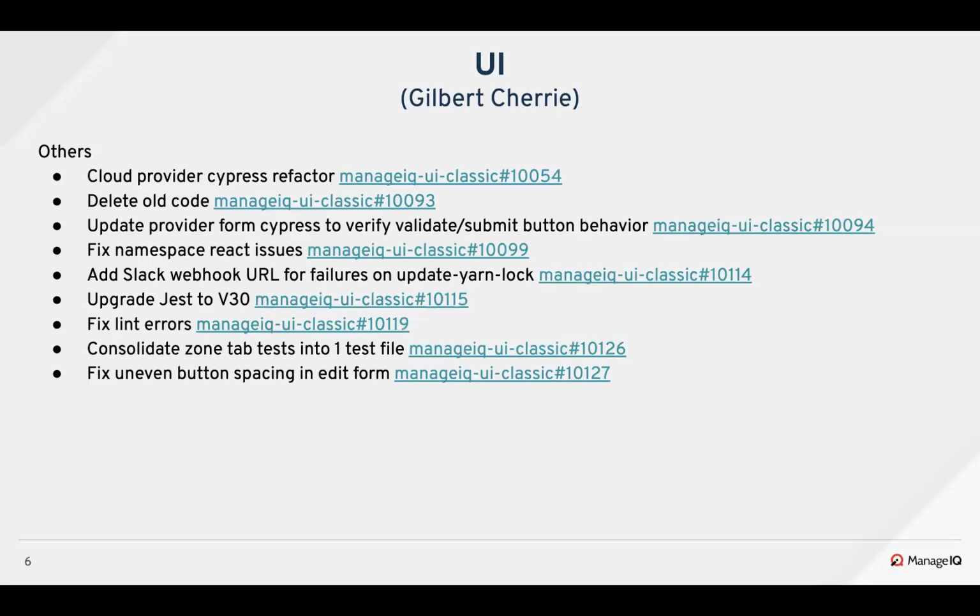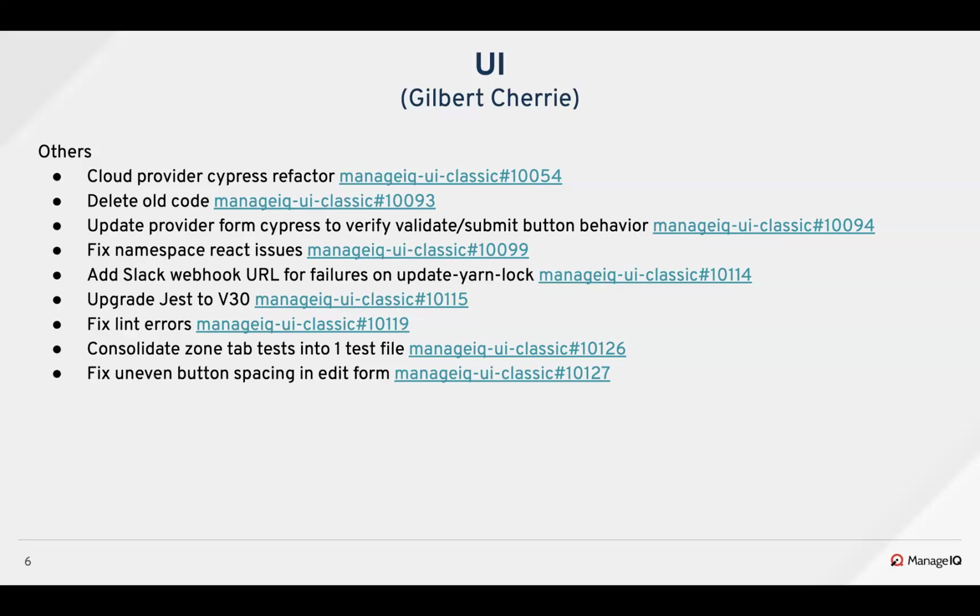For other PRs, Asavad had cloud provider Cypress refactoring. I did a PR to delete some old code that we no longer needed. Asavad updated the provider form Cypress to verify, validate, and submit. I had a PR to fix namespace React issues after a dependency update we made.